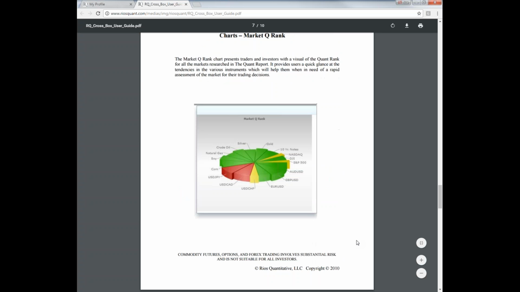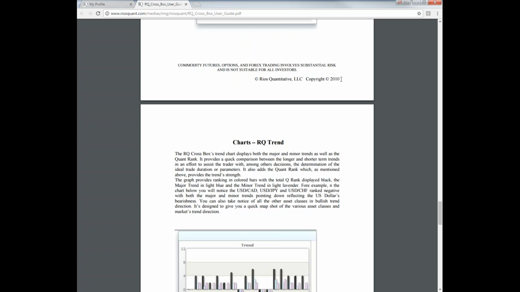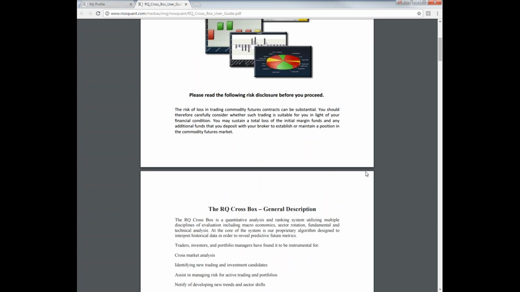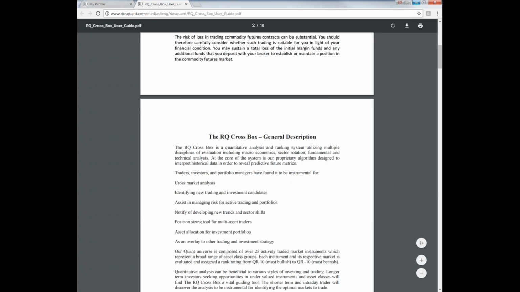This says 2010. It was updated in 2010, but this was pretty much unchanged since 2007. So it's been about 10 years. We had an update in 2010.